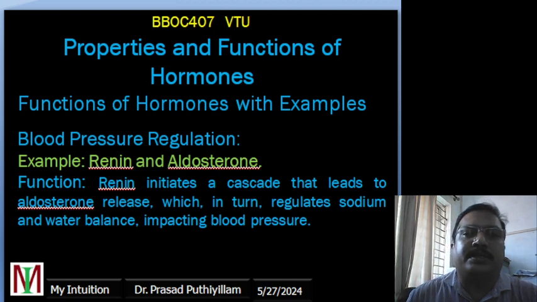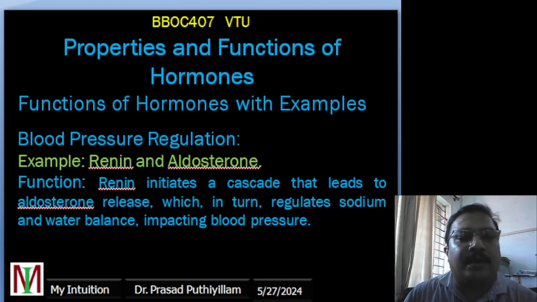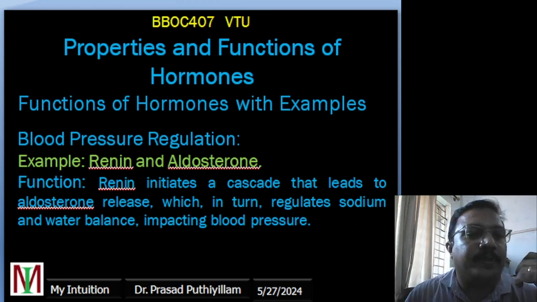Okay. Next comes blood pressure regulators, like renin and aldosterone. Renin is an enzyme which is secreted by the kidneys in response to lower blood pressure or low sodium level. A series of steps are there.